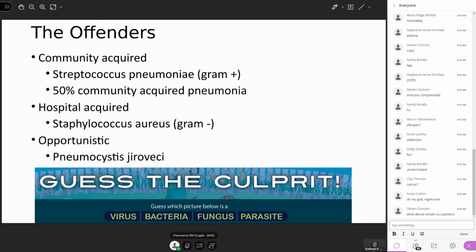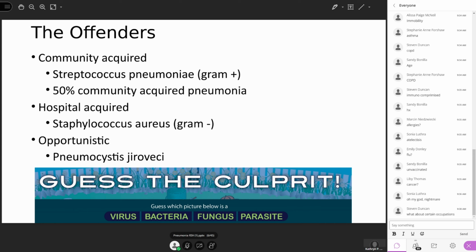Okay, so the offenders. A lot of the pneumonia that we take care of is hospital acquired. And there's a couple of organisms here that, if you recall from microbiology, which I'm honest with you, I really don't. But a lot of them are community acquired. So that goes back to hand washing, staying away from people that are sick. Those kinds of things we know, and we should be continuing to teach our patients, right?